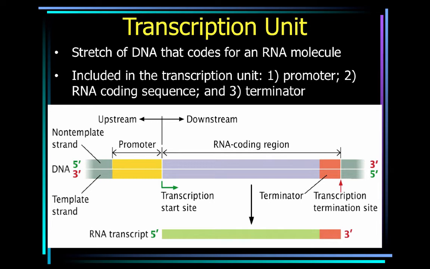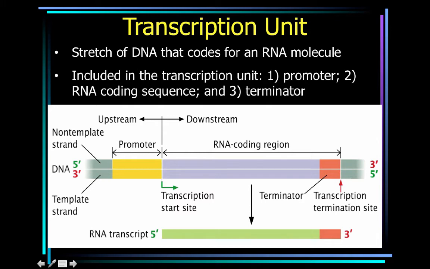So the promoter region lies upstream of the start site. Here's our start site right here with the green arrow, and our promoter region, shown here in yellow, is upstream from that start site. Then the RNA coding region and the terminator region are going to be downstream from the start site.